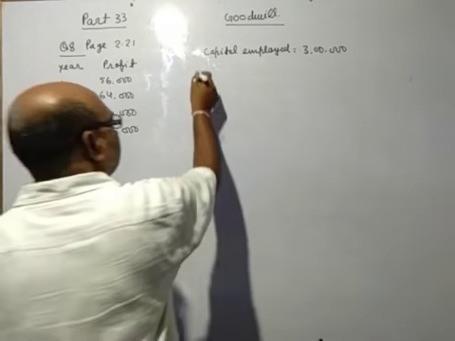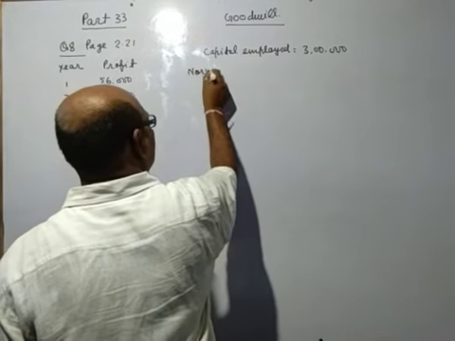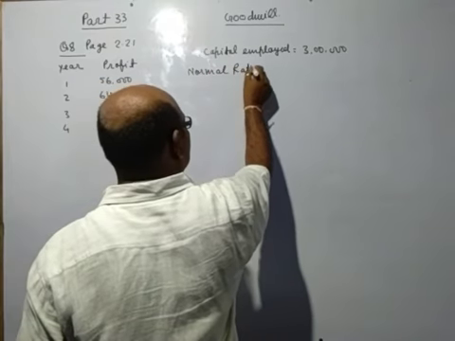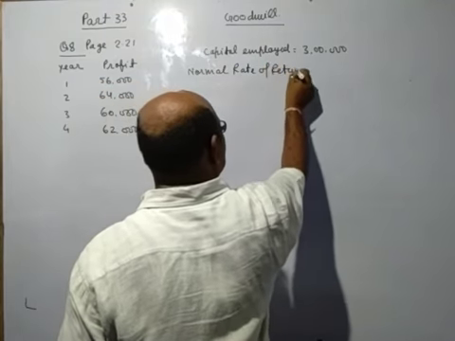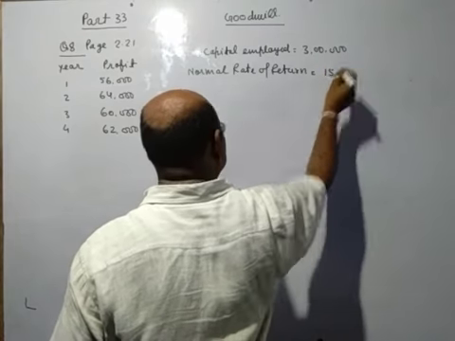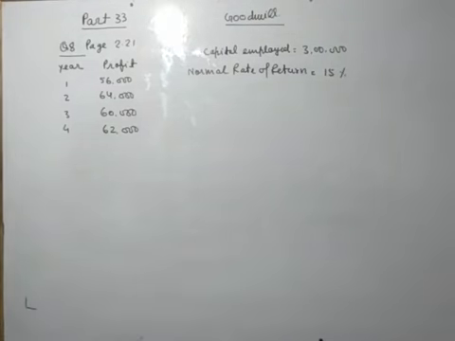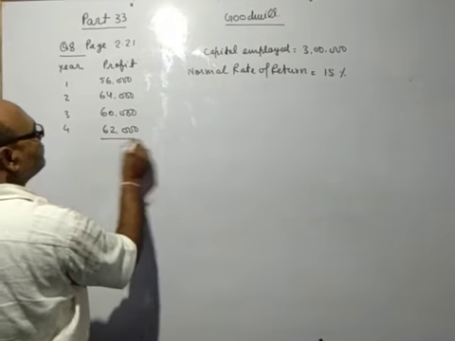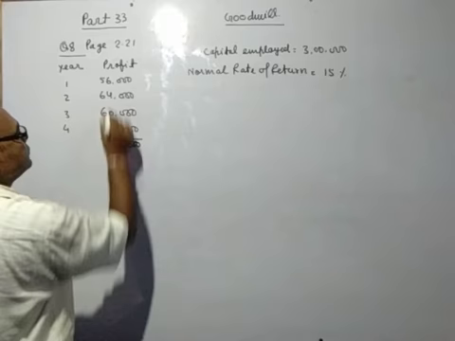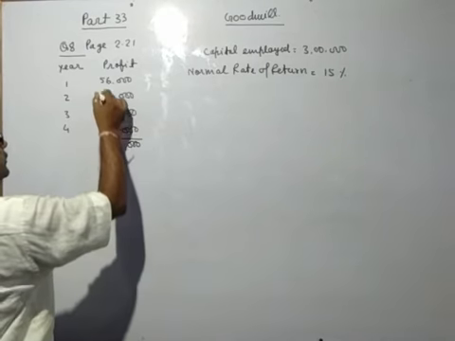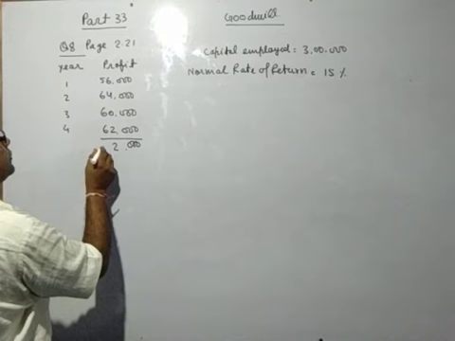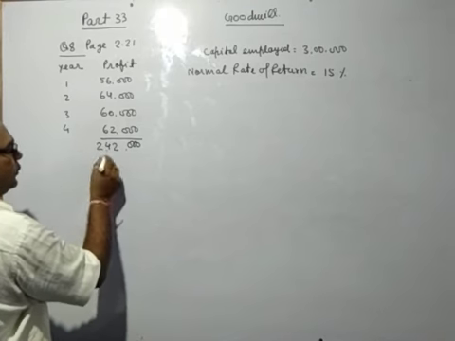So the normal rate of return is given as 15%. Calculate the value of goodwill on the basis of 3-year purchase of the average super profit method. So first we will add these profits: 2,42,000.